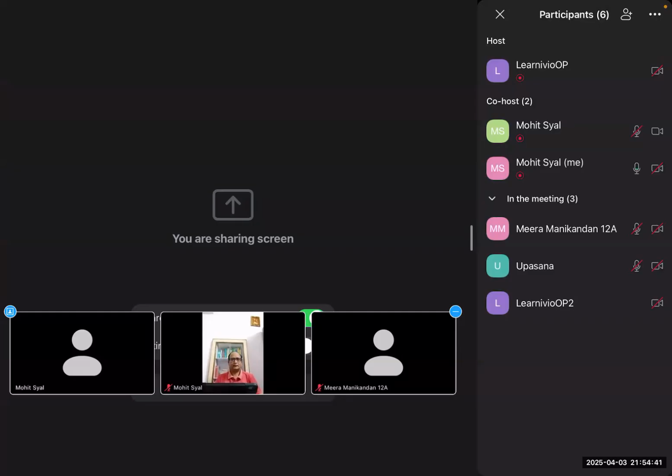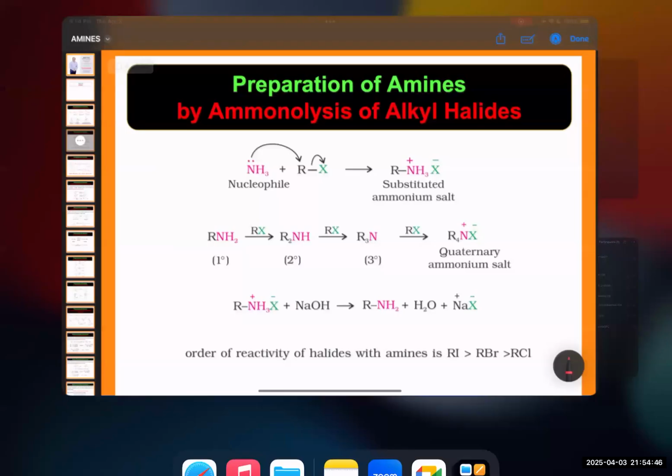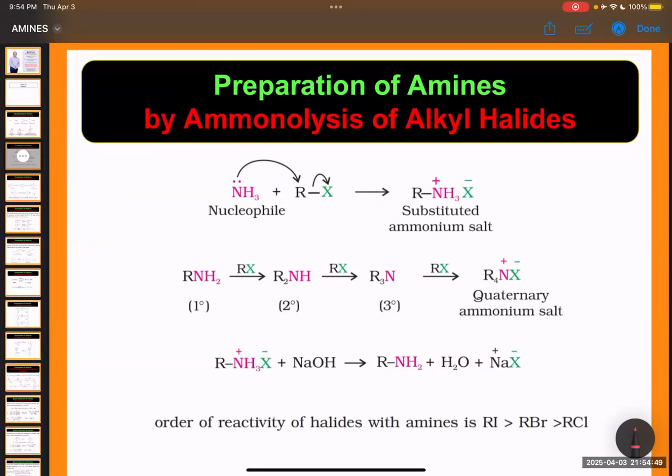And you have NH2 in place of those leaving groups. Okay, and that's how you will get amine. So this reaction is known as ammonolysis of alkyl halide, where you heat the alkyl halide with ammonia in a closed container.